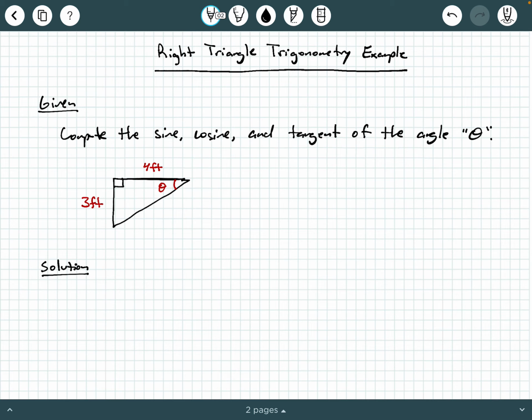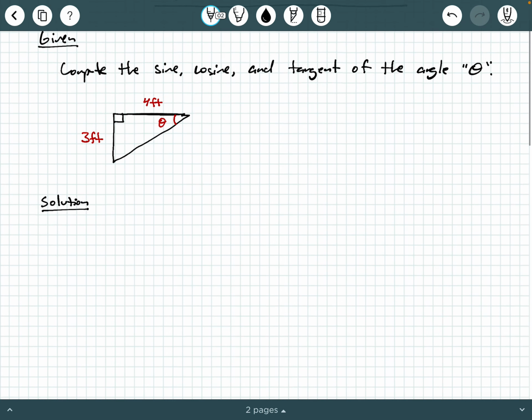So again, we want to compute the sine, cosine, and tangent of the angle theta. Now, the first thing you need to recognize is that, yes, this is a right triangle, and our vertical height is 3 feet, and our horizontal length is 4 feet. The angle is theta, but what we don't directly have is the hypotenuse, okay?